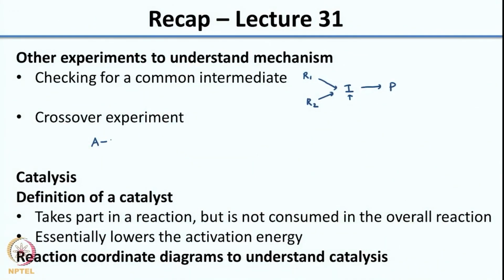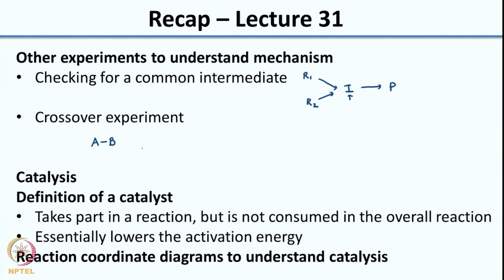The other experiment we had seen is a crossover experiment. This is usually used for rearrangement reactions, and in this you again take two reactants, but these are taken together.